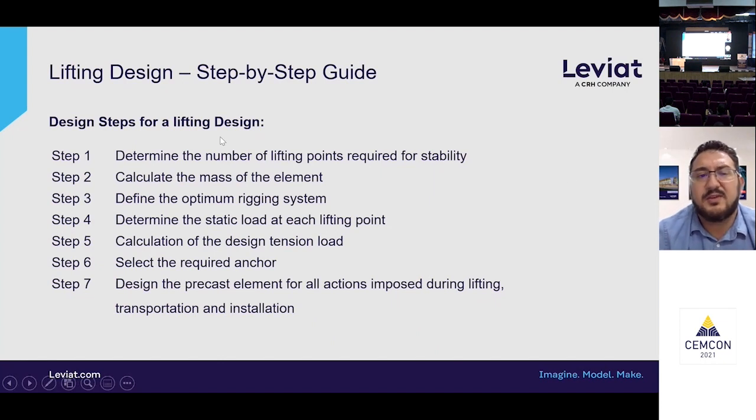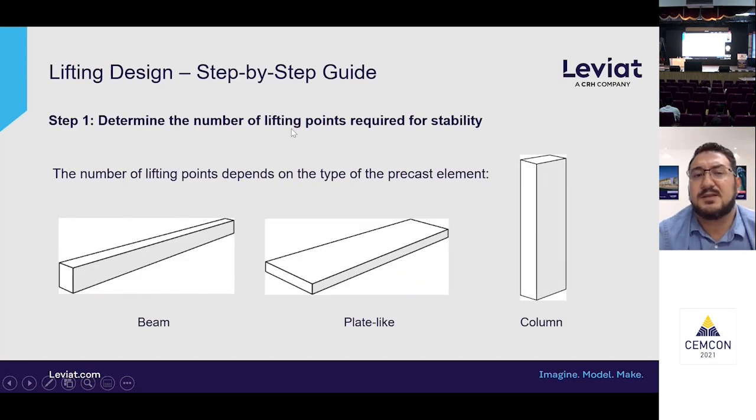So overall, there's 7 basic steps when preparing for a lifting design process. I'll go through them one by one. Okay, so the first step is to determine the number of lifting points required for stability. And this generally depends on the shape of the precast element. There's the three most common types, I would say: beam elements, a plate-like element, and a column element.